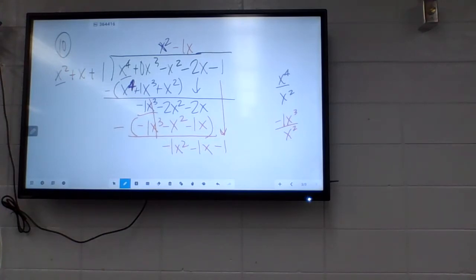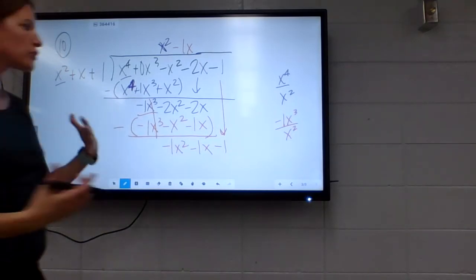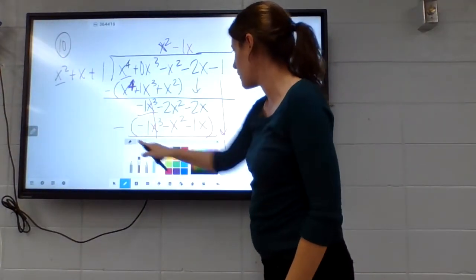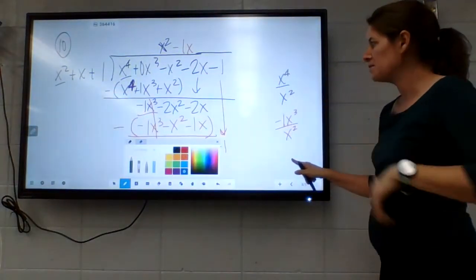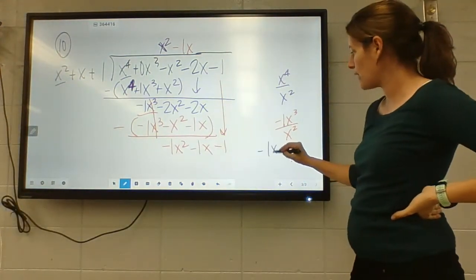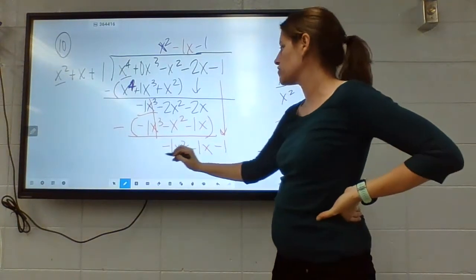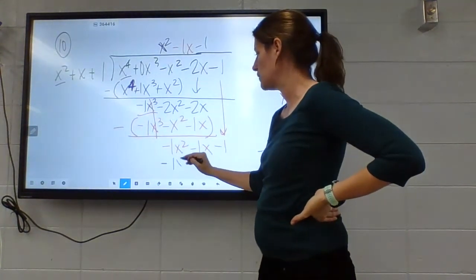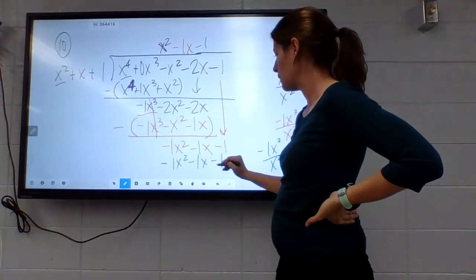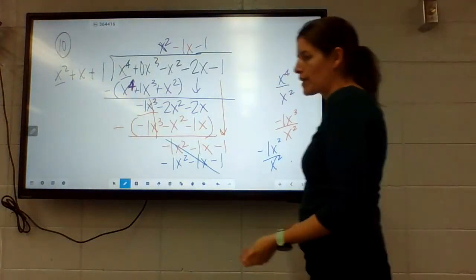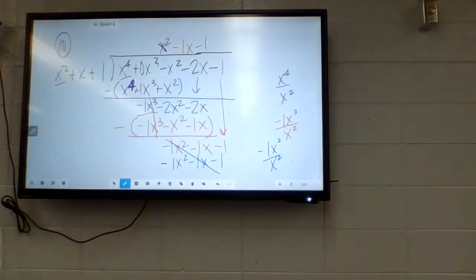This is the exact same thing, it's just the negative version of it. So on this last part, I'm just dividing negative 1x squared by x squared, so that's just going to be negative 1, and then I change all those signs and they cancel. So there's no remainder. So that's how we know it's a factor.